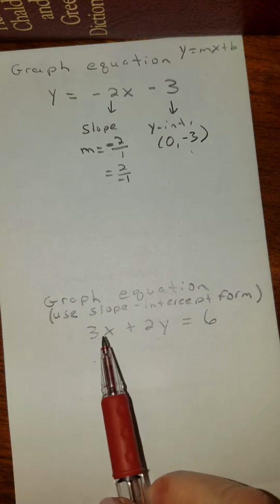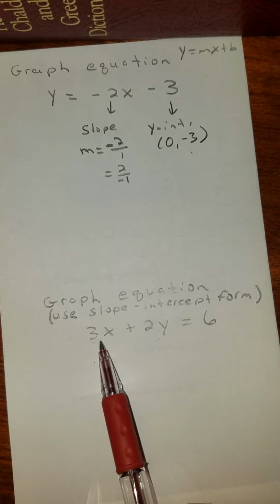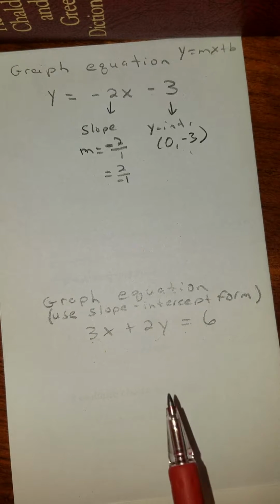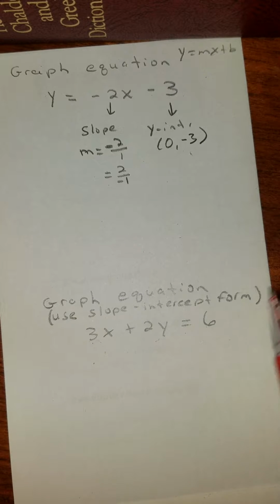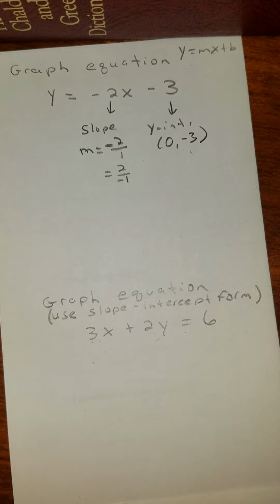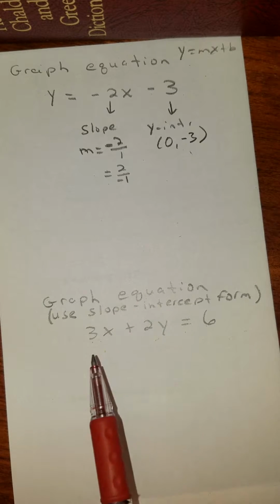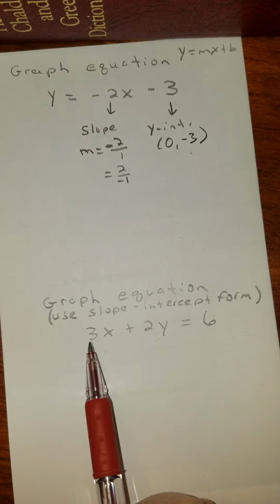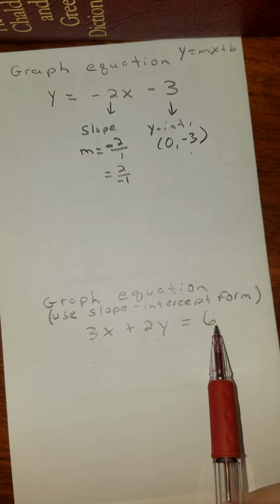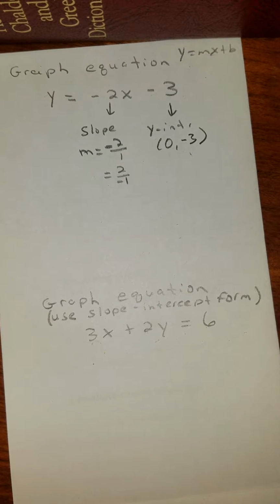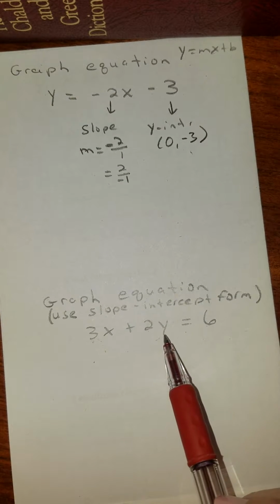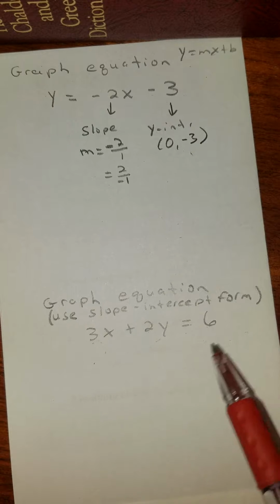Now, here we have, this is now in a different form. This is not in the slope-intercept form, right? It's not in the y equals mx plus b form. It's in that standard form. If the coefficients of the x and y divide equally into the 6, the best way to graph this is just plug in 0 for x, solve for y, plug in 0 for y, and solve for x.